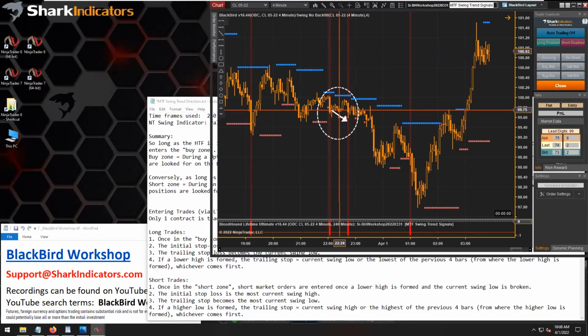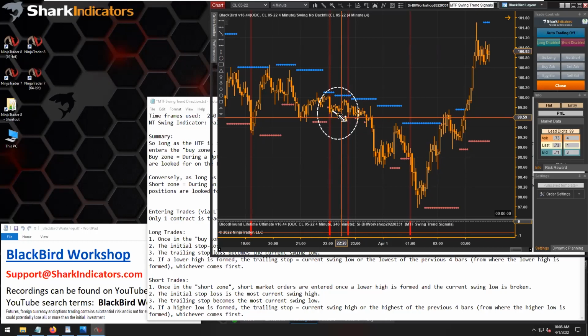BlackBird will already have a short trade open here, and if that short position is still open when this next short signal occurs, BlackBird is just going to ignore it because it already has a short trade open.